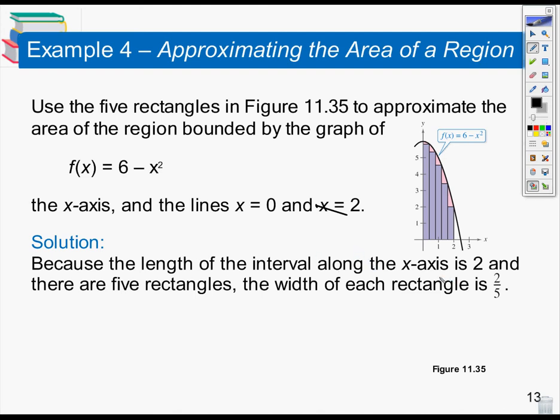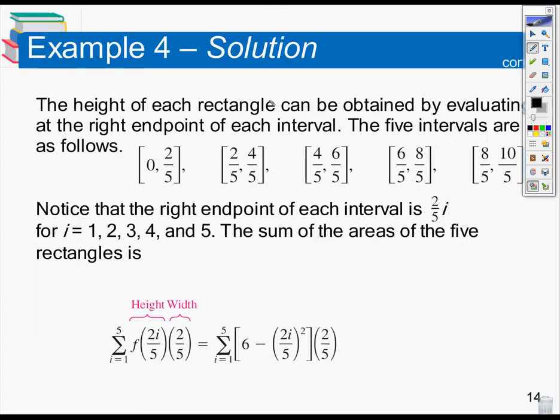Okay? So the base on this is obviously, because it's bounded from 0 to 2, it'll be 2. But I'm going to break it into 5 different rectangles. 1, 2, 3, 4, and 5. So each width, if I'm breaking 2 into 5 different parts, each width should be 2/5. So that's where I'm going to start with this one.